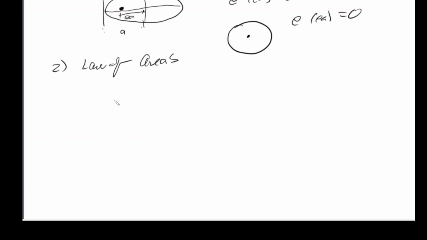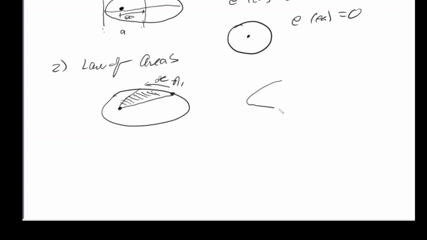So if you have an orbiting planet, if we draw a line and that moves a certain amount of time, dt, to this point, this sweeps out an area here. Let's call that area 1.